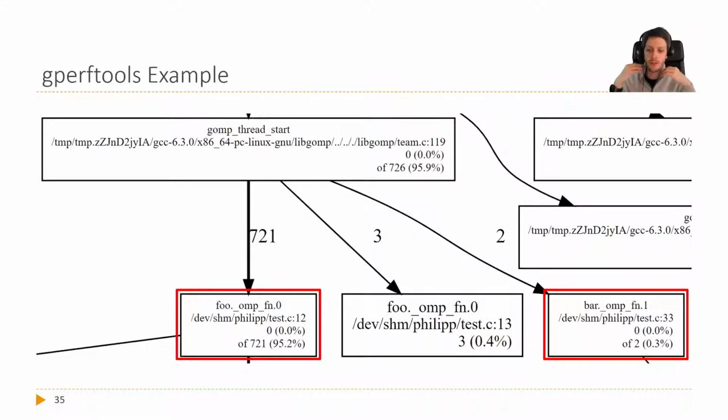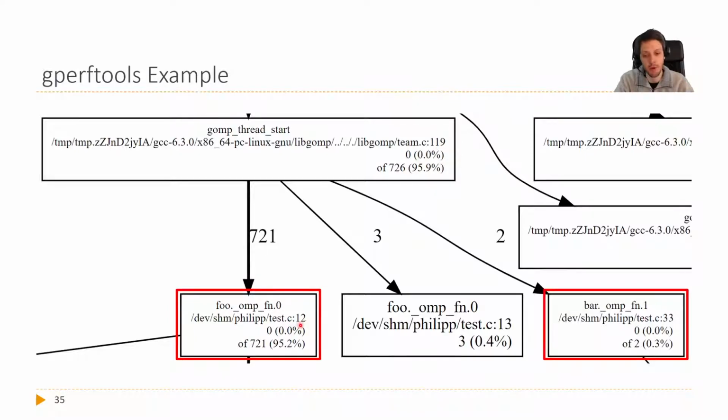And to show you what this looks like, this is the call graph visualization, where again we see this is our main program. We see here gomp thread start, which is probably the parallel statement in our program. And we can see here that we have a box with 95% of the execution time, which is line 12.